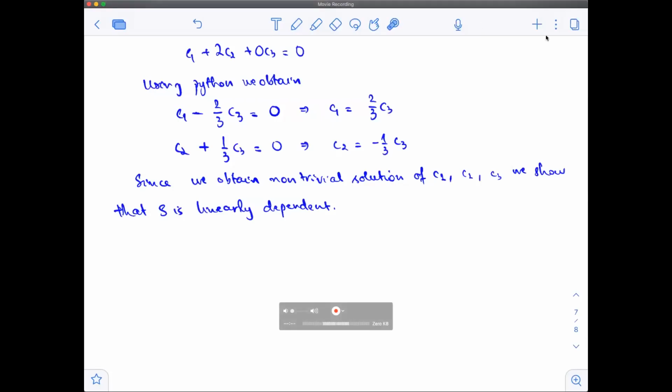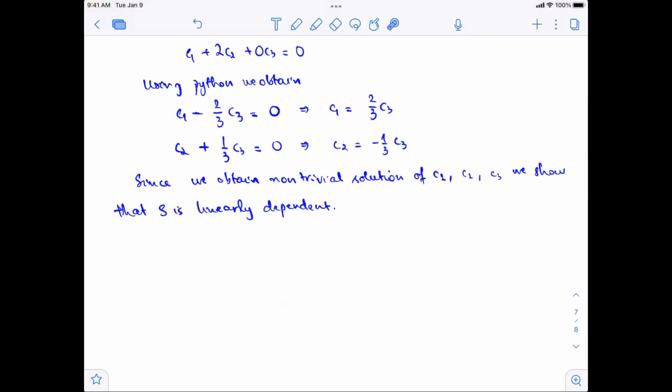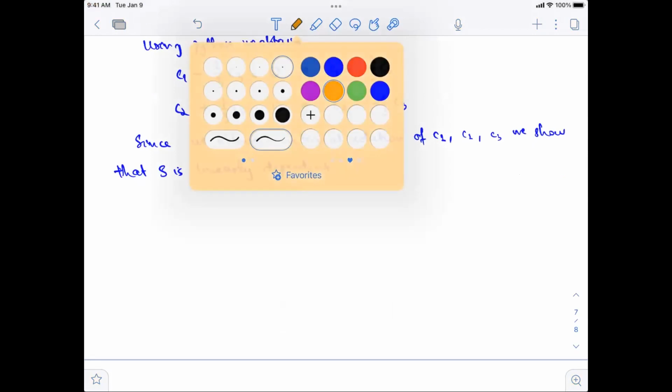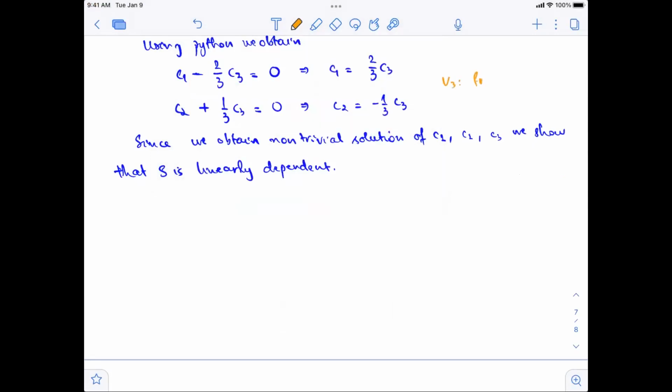Since c1 = 2/3 c3 and c2 = -1/3 c3, c3 in this case is called a free variable. So we make a quick note here: we are free to choose the value of c3.